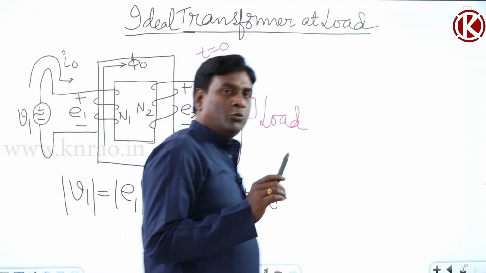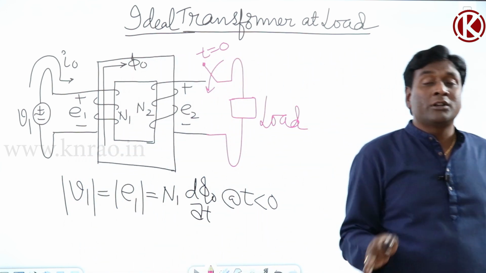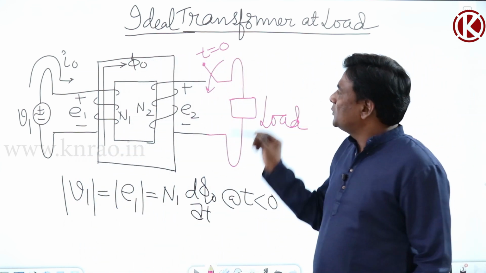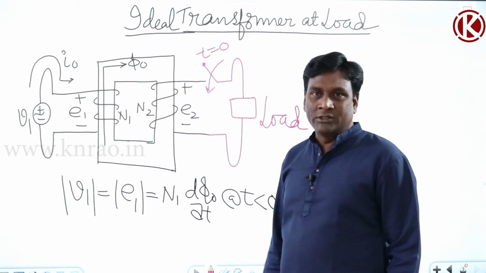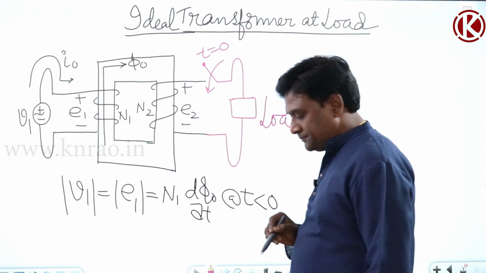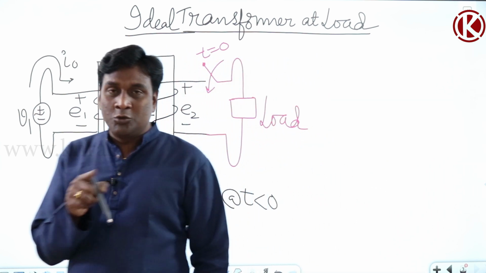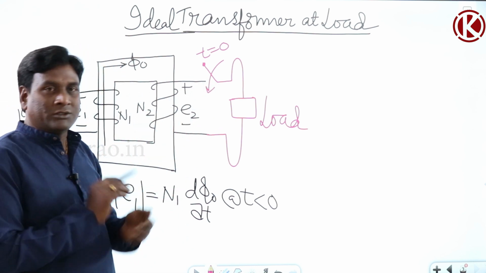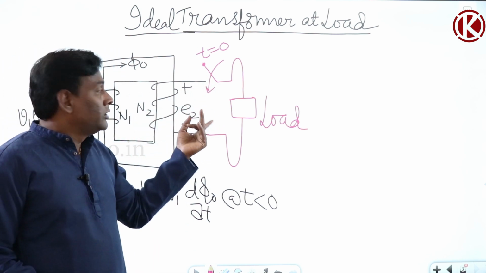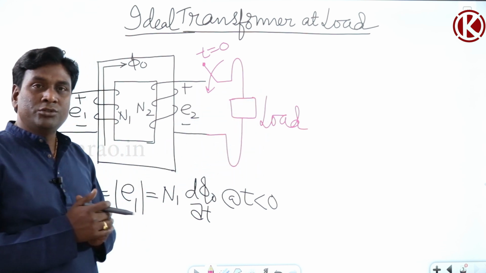Actually, one very important thing we have to share here. At t equal to 0 I am about to close the switch. Now some people think, because I told you two very important interview questions. For example, at t less than 0, how much is the current flowing through this? 0.